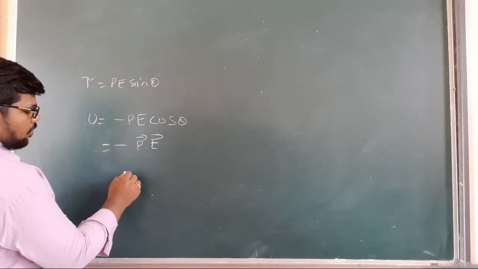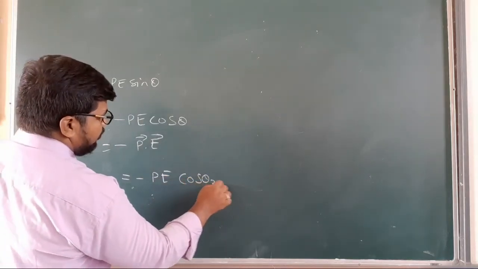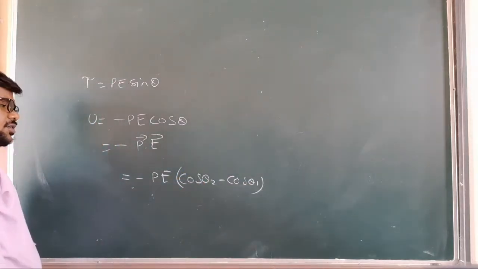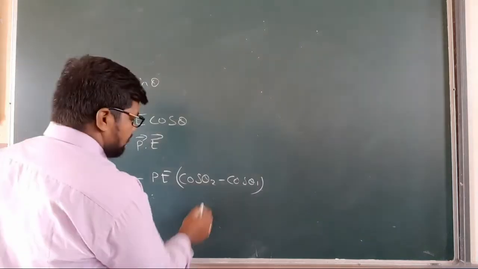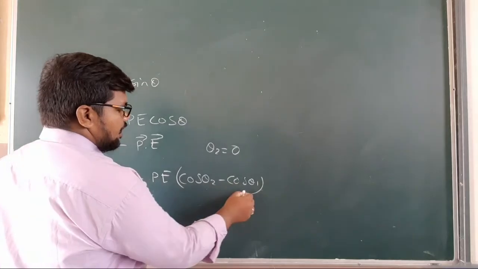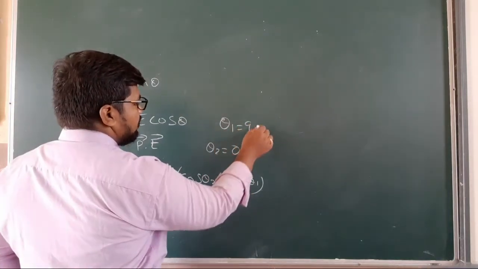So how can we get this one? We know that it is minus PE (cos theta 2 minus cos theta 1). In this case we have to take the angles: theta 2 becomes 0 degrees and theta 1 becomes 90 degrees.